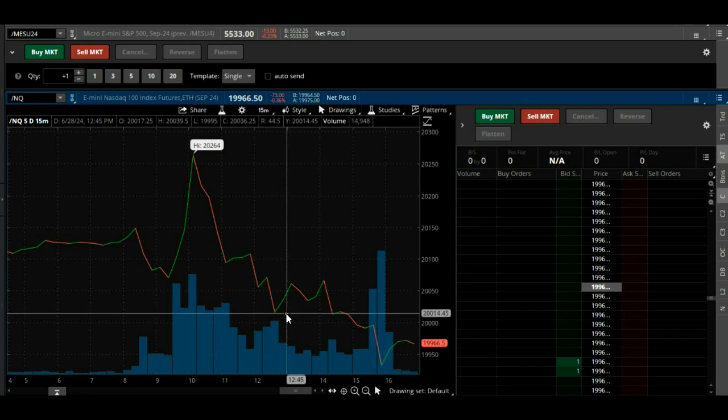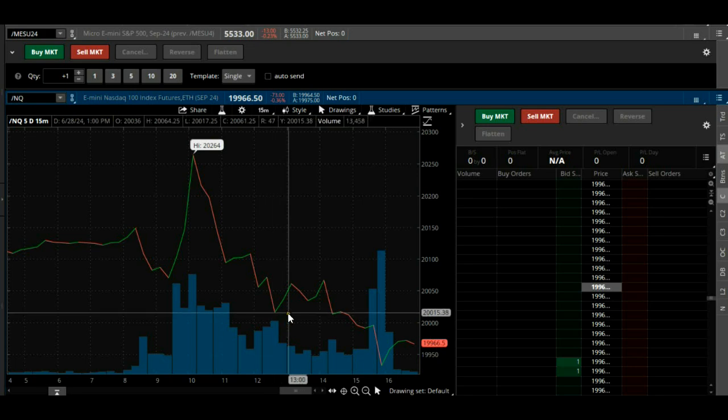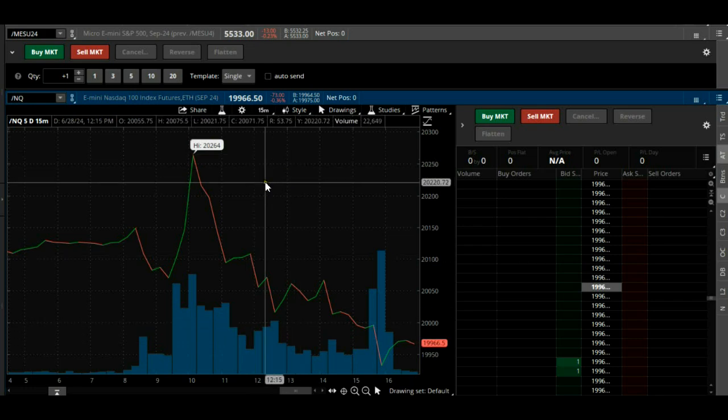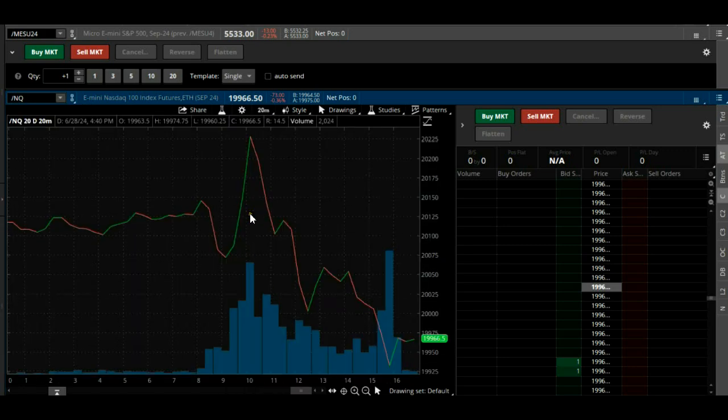And the top of the fractal is right here on a 15 minute time frame. We break this level here, that's the bottom. The trend will continue to go down. Look what happened.